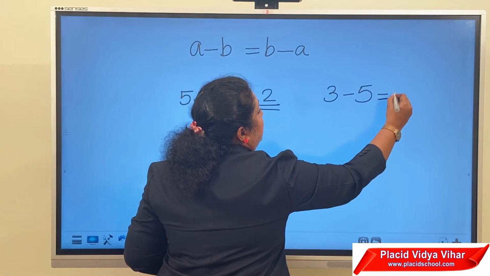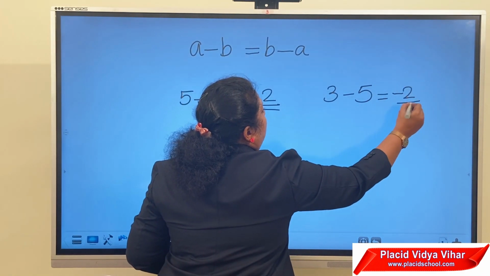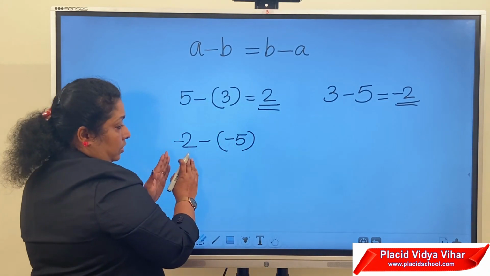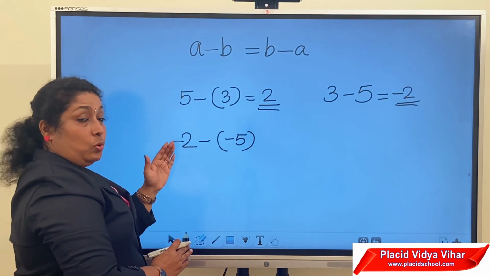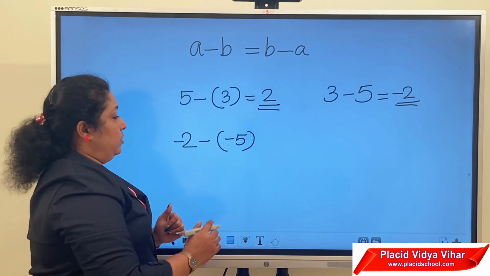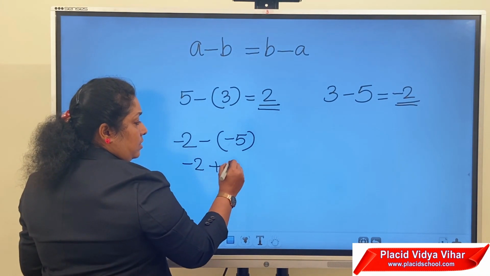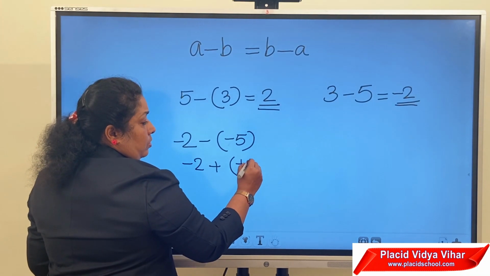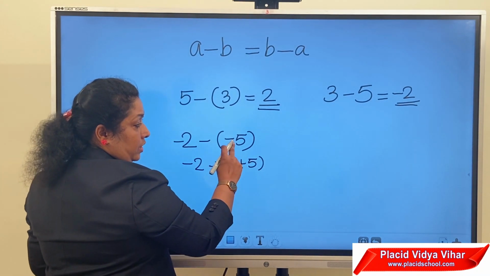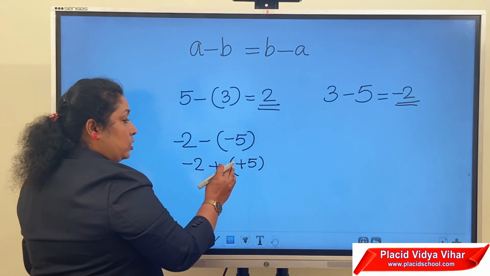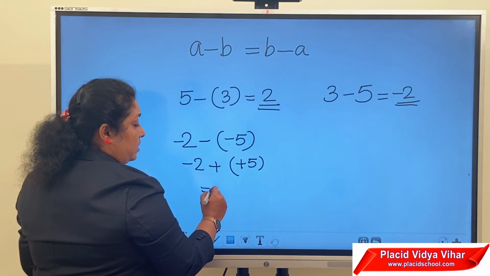Here the answer is negative 2. This question, minus 2 minus minus 5. So it becomes minus 2 plus the additive inverse of negative 5, which is positive 5. So 5 minus 2, the answer is 3.